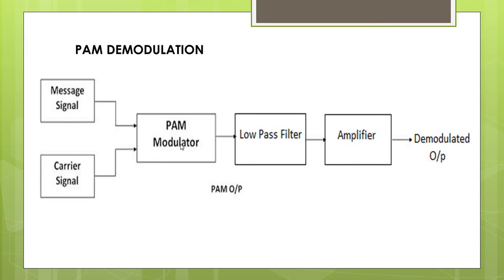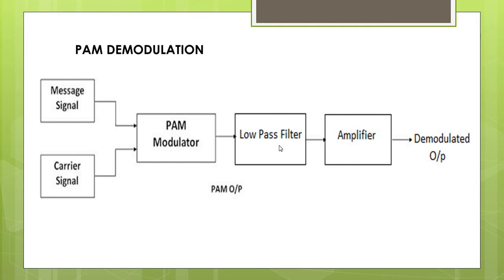To generate the pulse amplitude modulation, we apply the message signal and the carrier signal to a pulse amplitude modulator. Here this is just acting as a multiplier which multiplies both of these two signals to get the pulse amplitude modulated output. For demodulation, this PAM output is passed through a low pass filter.